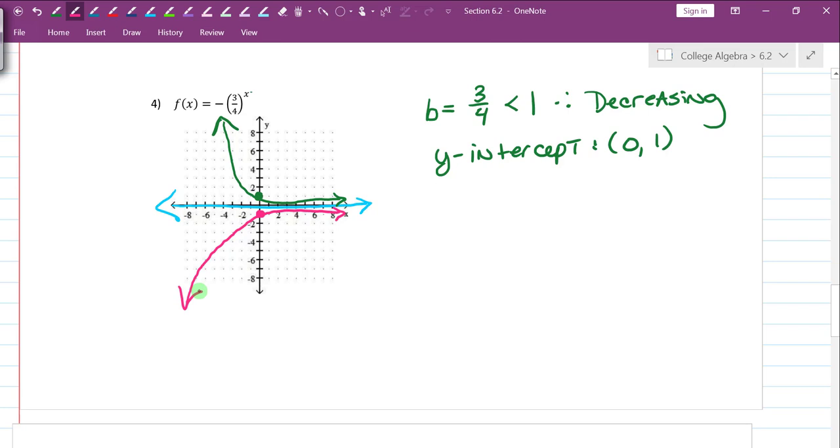So the pink function is actually our function that we were told to graph, which includes the negative right there. So we have negative 3/4 to the x. That is the function in pink. The green is this prior to the reflection about the x-axis. So the correct answer is the one in pink. That's our final answer.